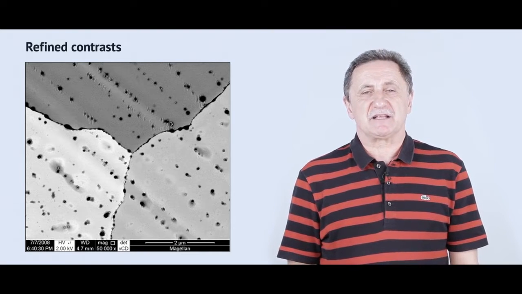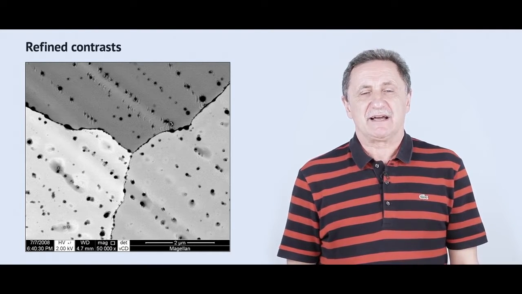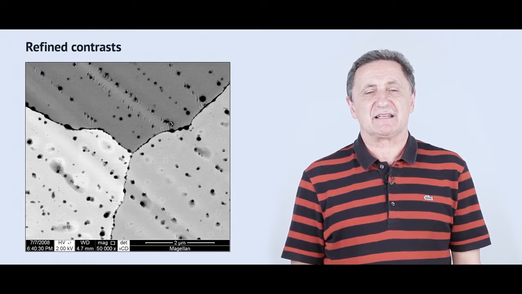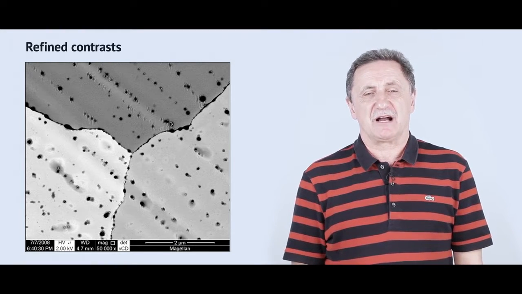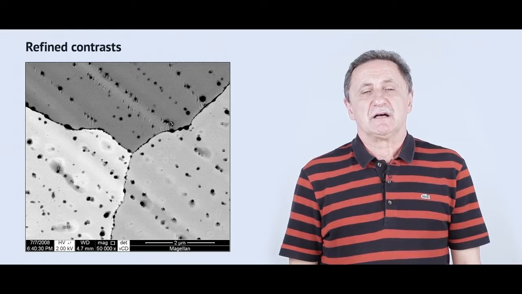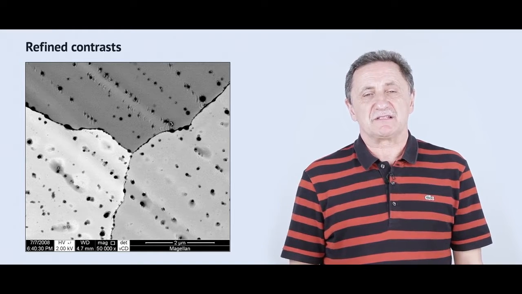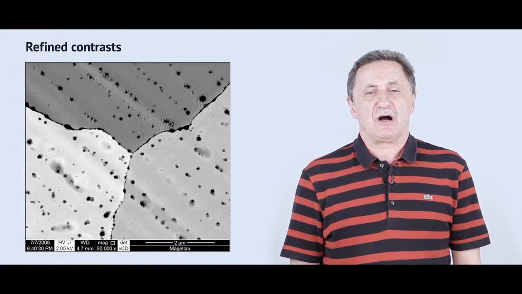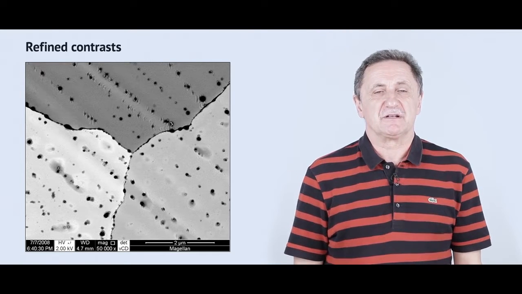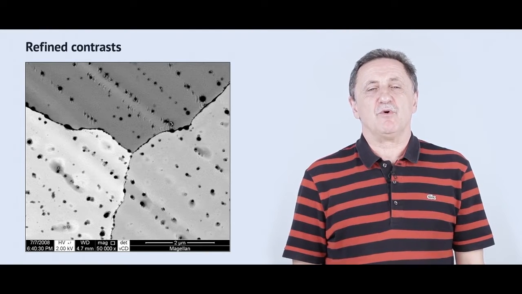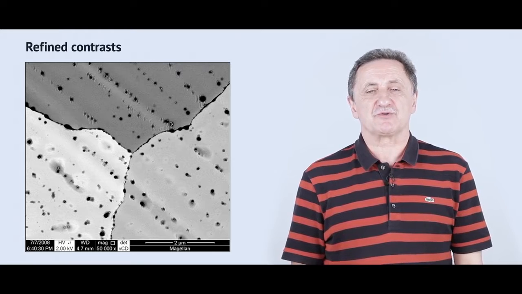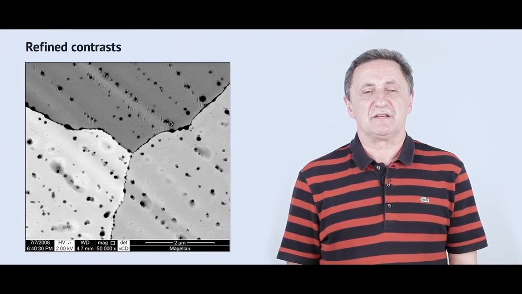The lighter phase in backscattering mode, as you know now, corresponds to the phase with the highest average atomic number, and the darker one to the lower one. We even have an intermediate gray phase here. However, if we increase magnification, we can see that one more extremely dark phase also exists in this material.